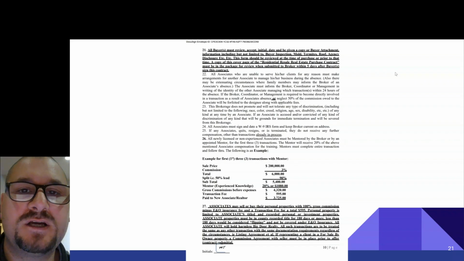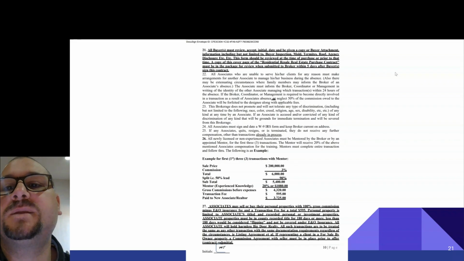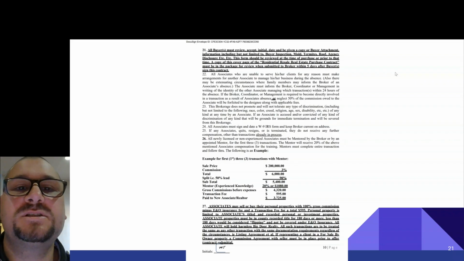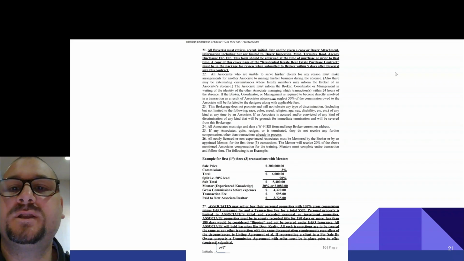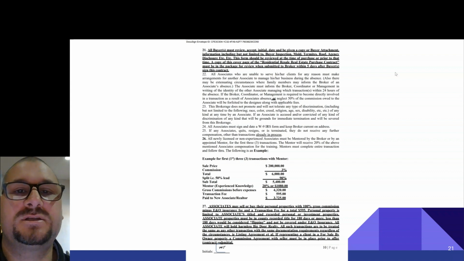A copy of this cover page of the residential resale real estate purchase contract must be in the package for review when submitted to the broker within 5 days after the buyer signs this contract.